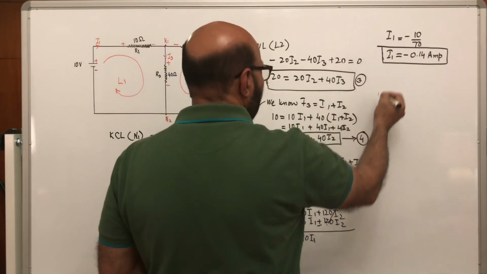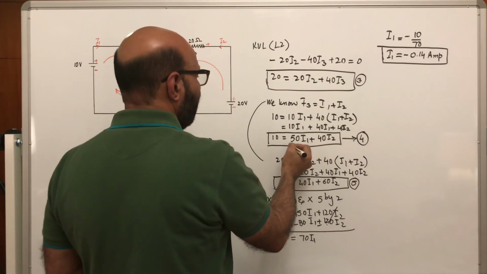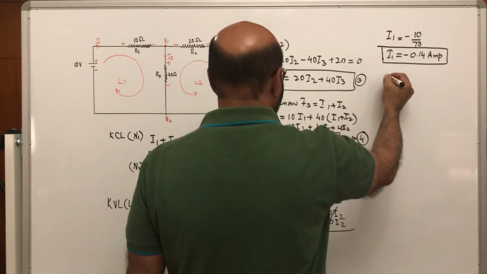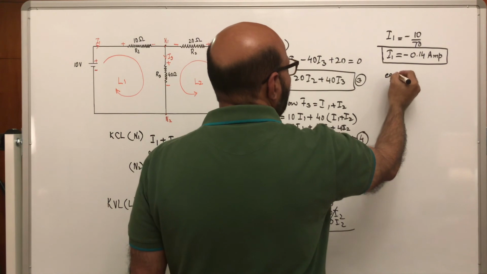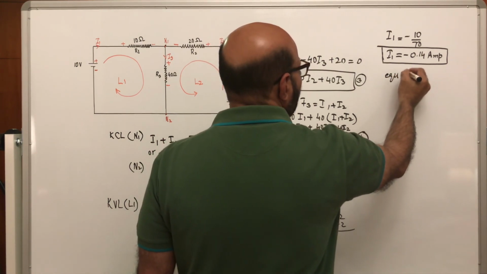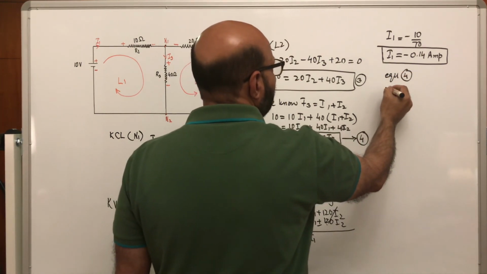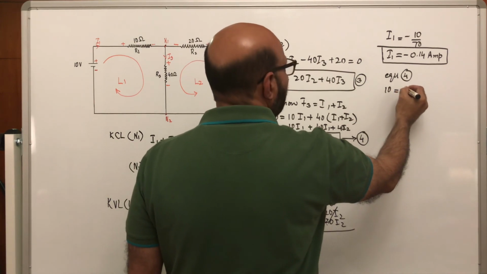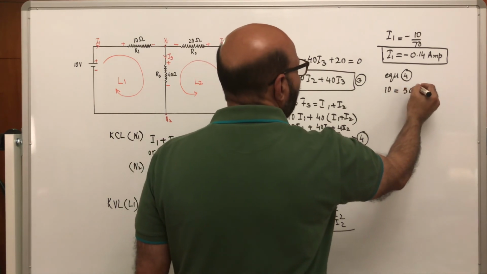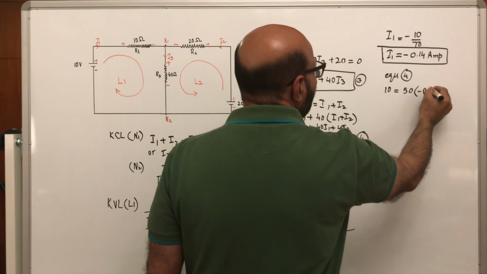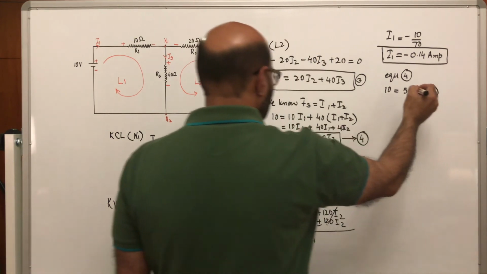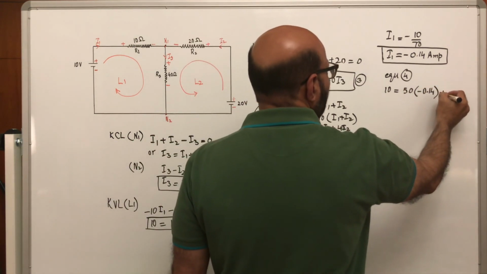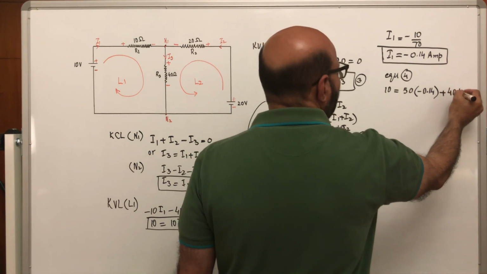We'll place the value of I1 in equation 4. 10 equals 50 into minus 0.14 plus 40I2.